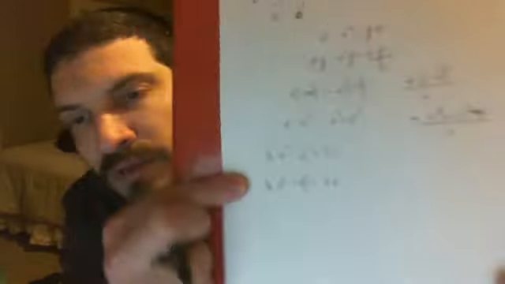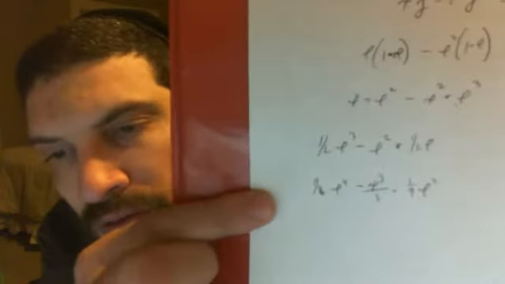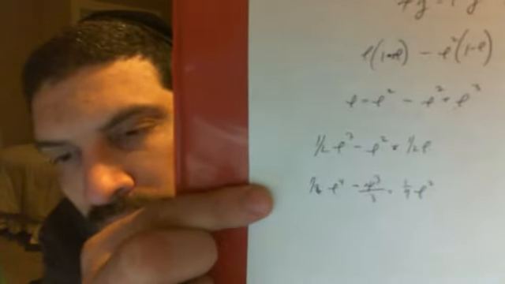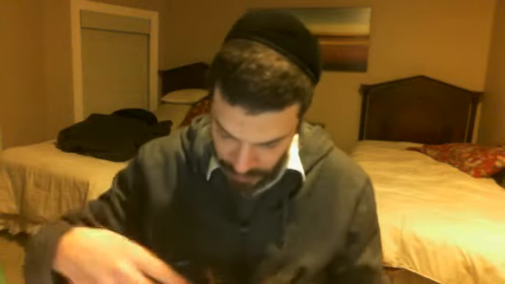Finally, you evaluate this from 0 to 1. If you just put in a 1 there, it's quite easy. So it's an eighth minus a third plus a quarter. You can do it with a simple calculator. Just take a calculator. First you do an eighth plus a quarter.